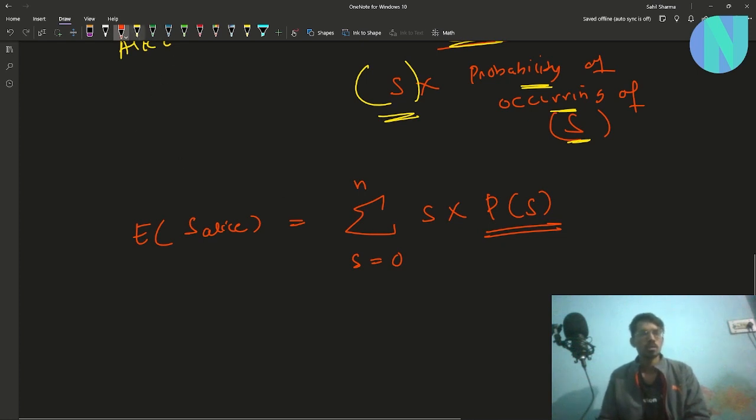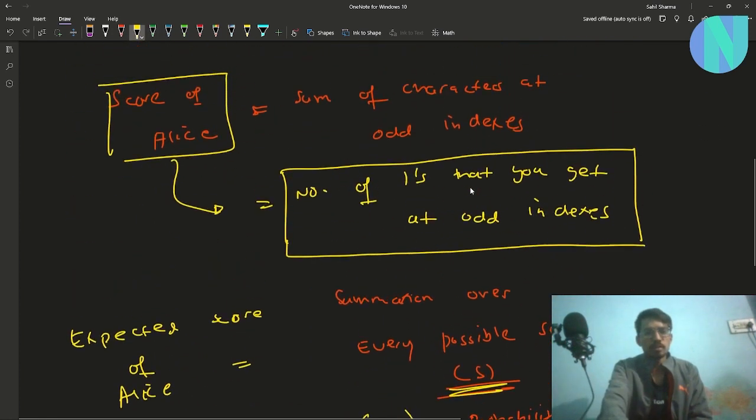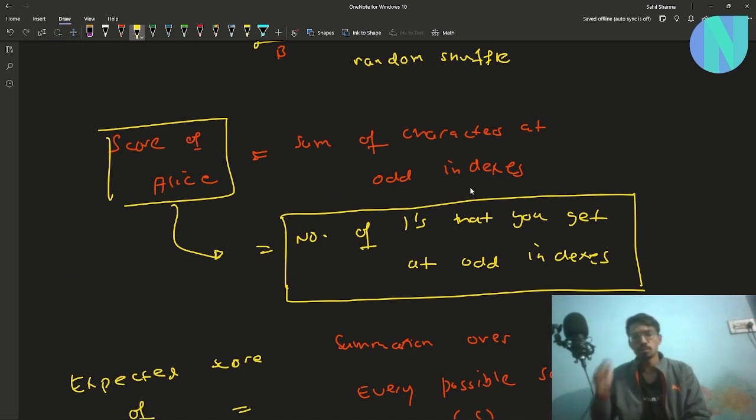So now we need to know the value of P of S. That is the probability that your score is S. And as we saw previously, the score is nothing but the number of ones that occur at odd indexes.